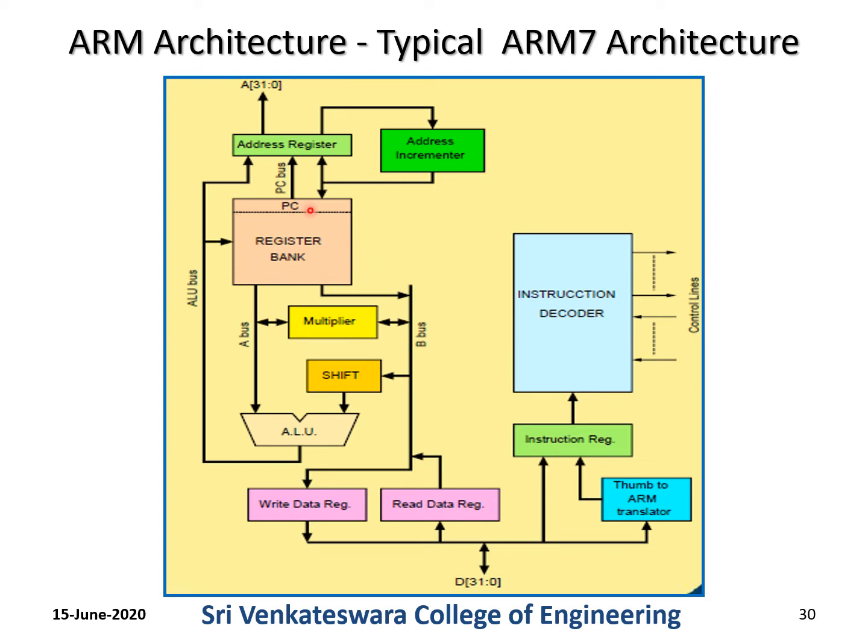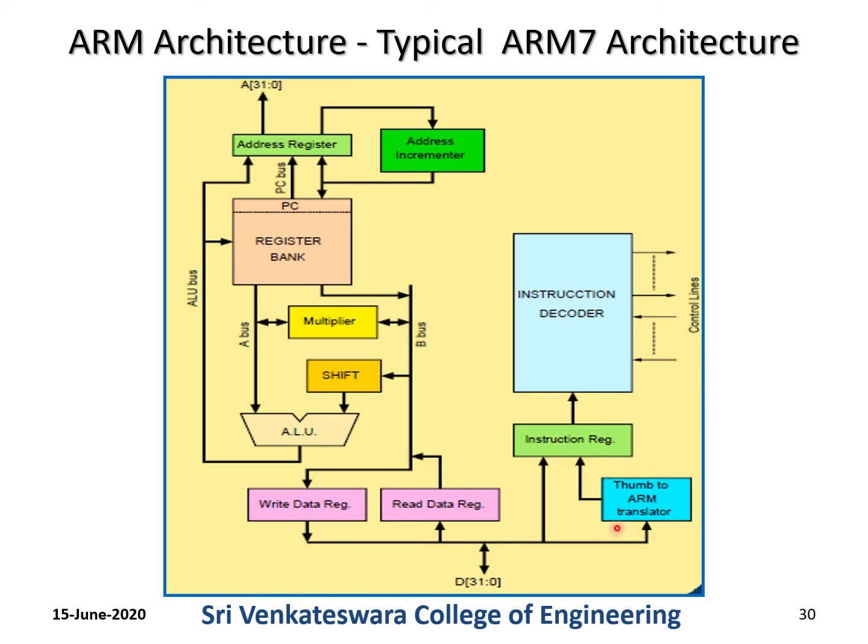So the large register banks and these extra circuitries provide high performance operation or instruction execution. Apart from these registers, there are also some hidden registers which are not visible to the programmer. Then the ARM7 architecture supports thumb instructions also.